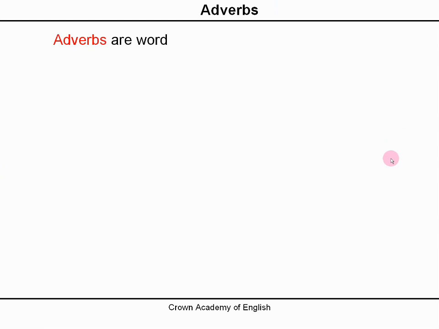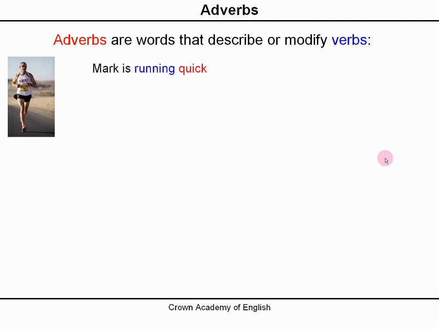Adverbs are words that describe or modify verbs. Mark is running quickly. So here is the verb, running, that is the action. And quickly is describing the action. It is giving us more information about the action.